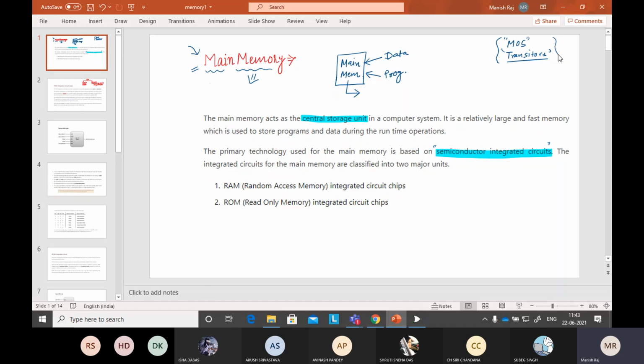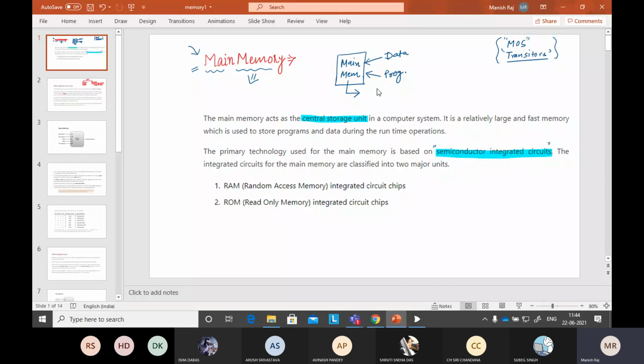We are not going into further detail of these things because this is a separate topic. Here you only need to understand that memory is based on semiconductor devices, that is, semiconductor ICs, integrated circuits.